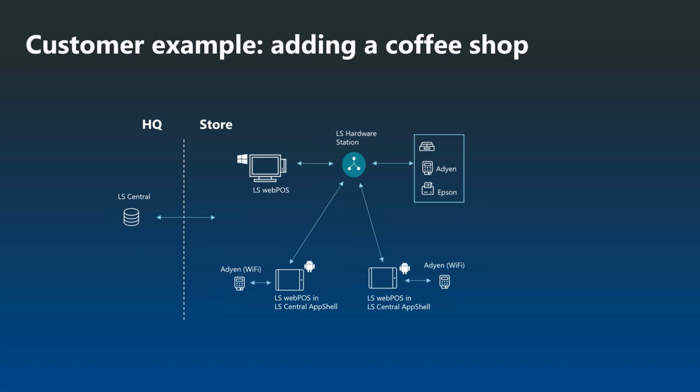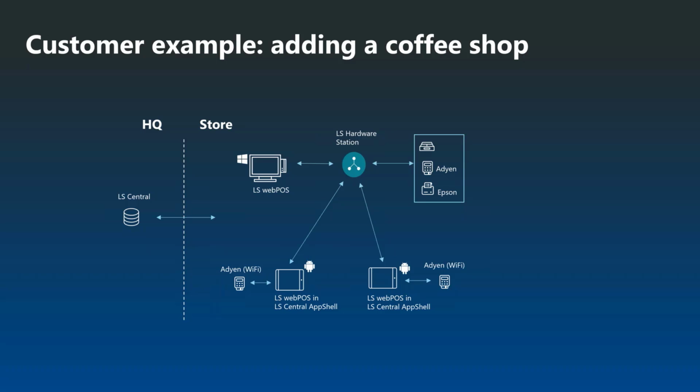So the setup there was that they set up Android tablet devices that use the LS Central AppShell for Android. And as they wanted to have pin pads to handle the payment, the LS Central AppShell was used to connect to a Wi-Fi connected pin pad.